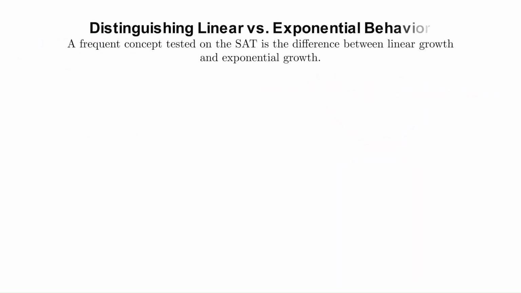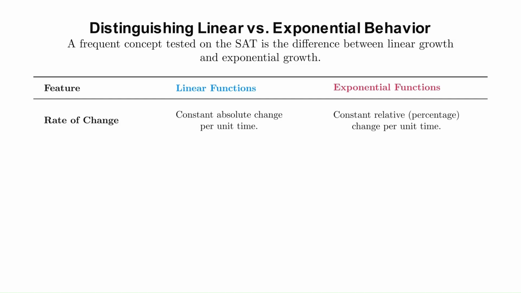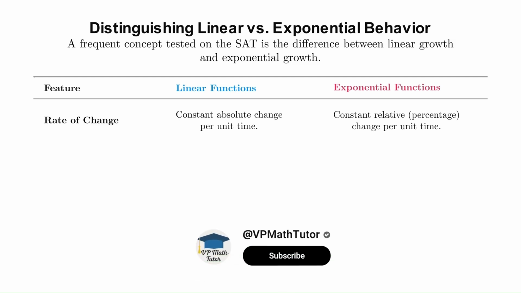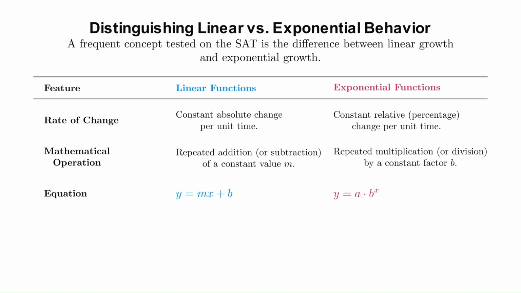A key concept tested on the SAT is distinguishing between linear and exponential behavior. While linear functions have a constant absolute change per unit of time, exponential functions exhibit a constant relative or percentage change. Mathematically, linear growth involves repeated addition or subtraction of a constant value m, represented by the equation y equals mx plus b.